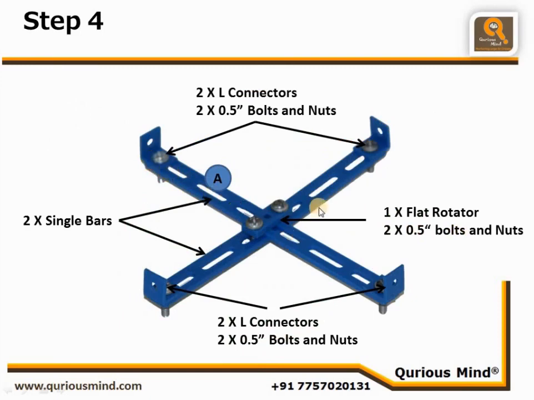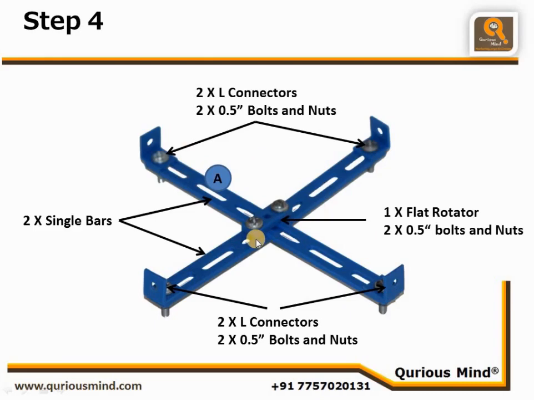In this step we are creating the rotating assembly. So these are two single bars, and at each end of the single bar we have connected L connectors using one nut bolt.